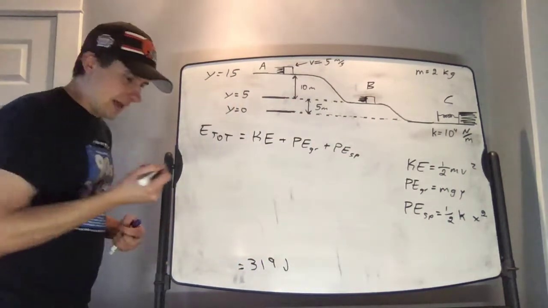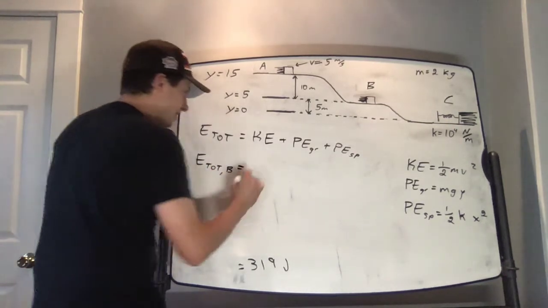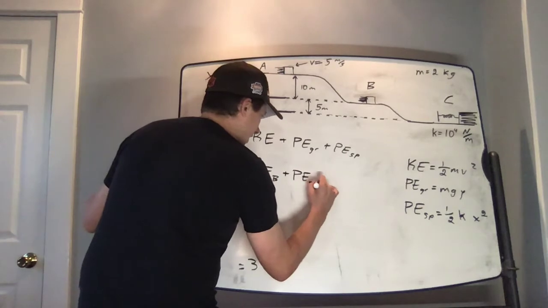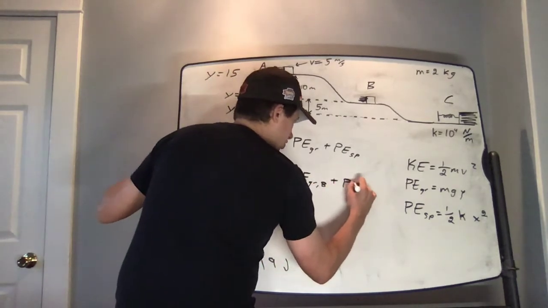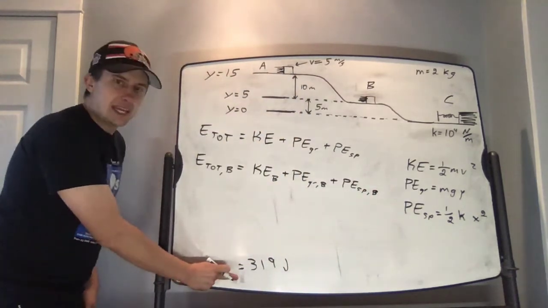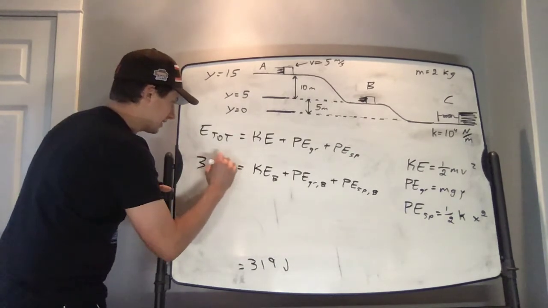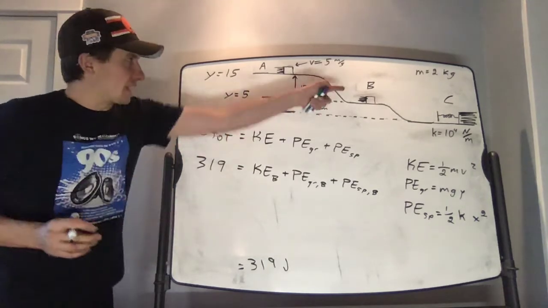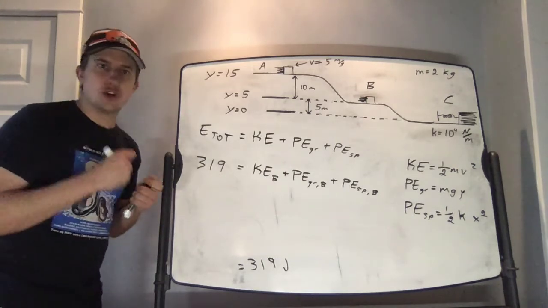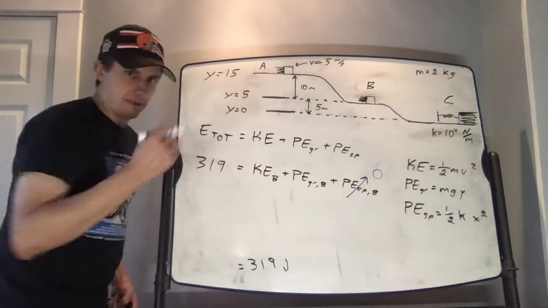So specifically, I could say the total energy at moment B is going to be the kinetic energy at moment B plus the potential energy of gravity at moment B plus the potential energy of the spring at moment B. And all of these numbers have to add up to 319 joules. Let's think about what's happening at moment B. At moment B, the spring is uncompressed. The spring has no compression to it, so the spring will hold 0 joules of energy.